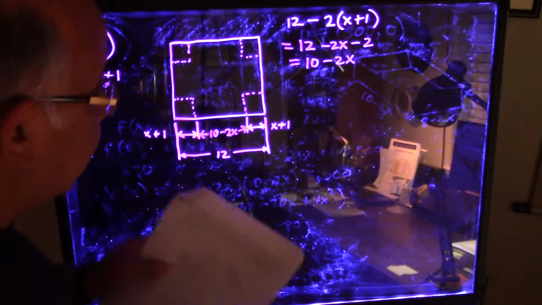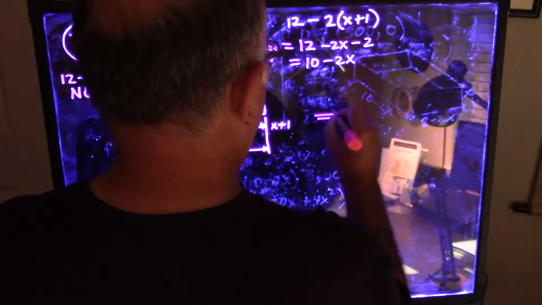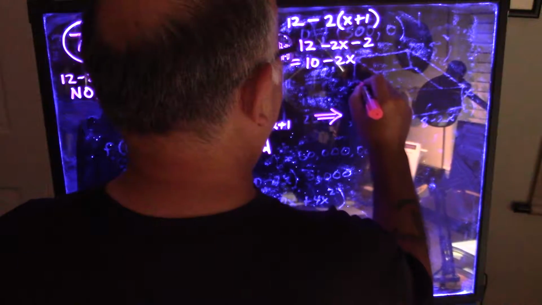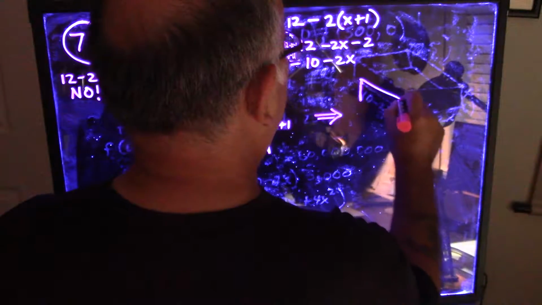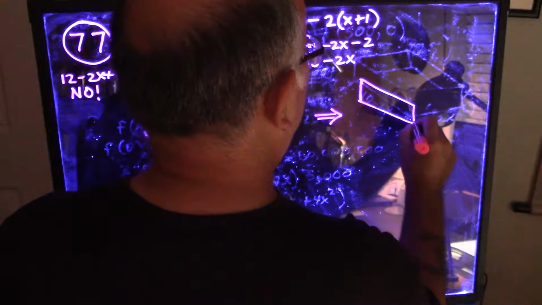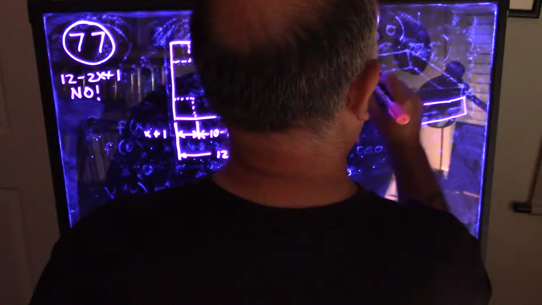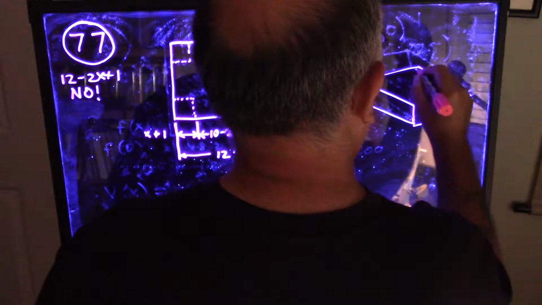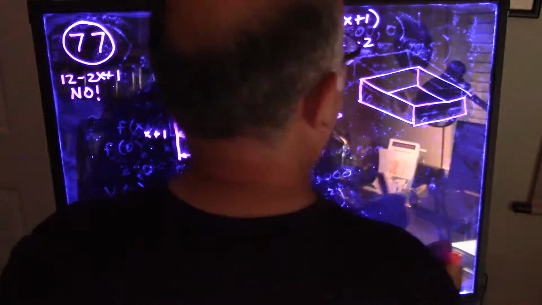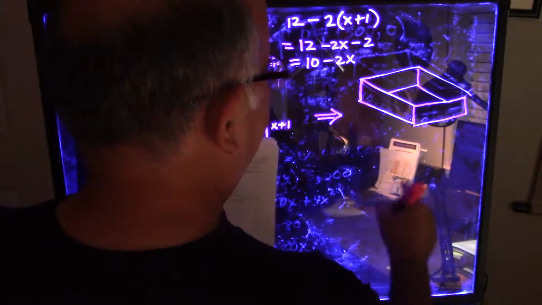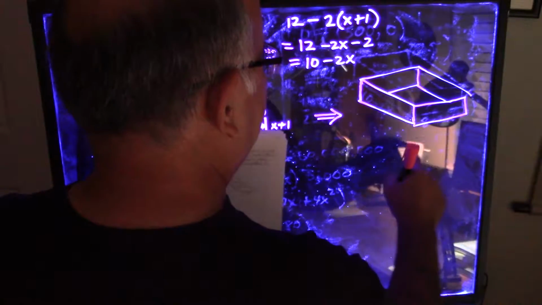Okay. So we get a box like this. Square box, so all the sides are the same. Well, that is these sides here.